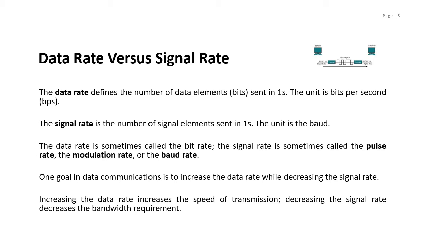We have a greater number of people within a car, but we want to have fewer cars on the roads. Increasing the data rate increases the speed of transmission, so no traffic jam, and decreasing the signal rate means that it will decrease the bandwidth requirement.